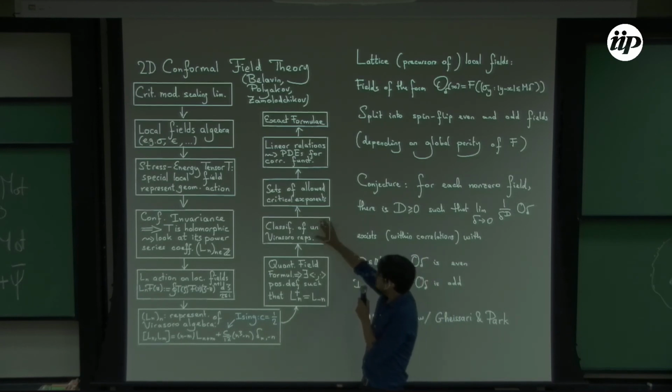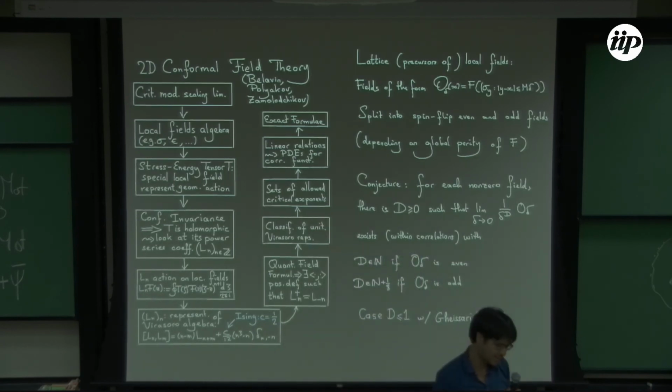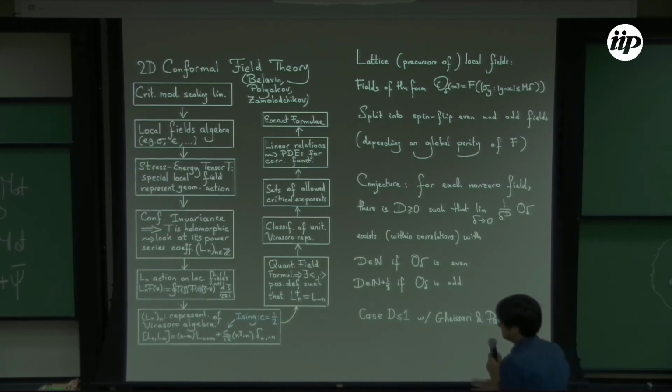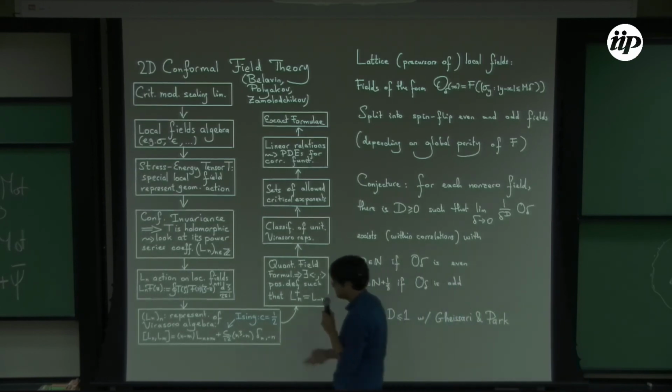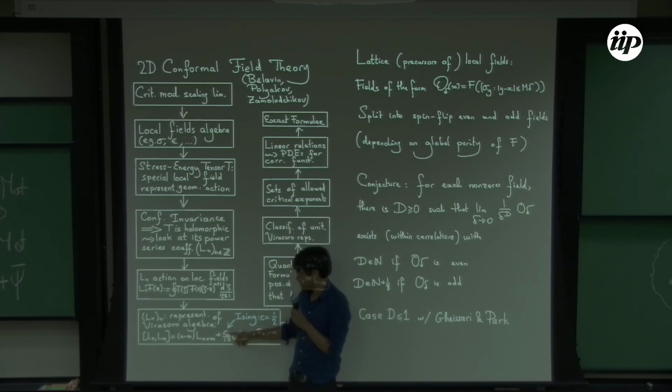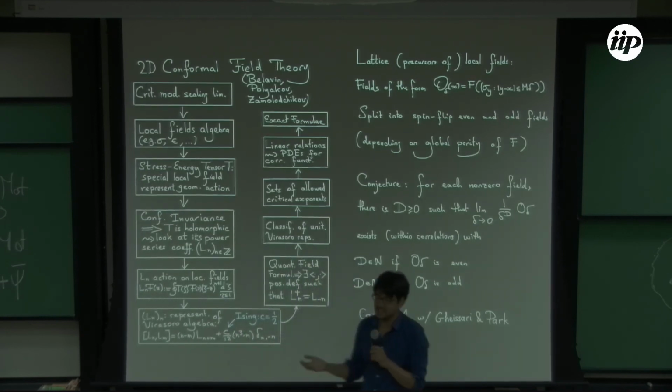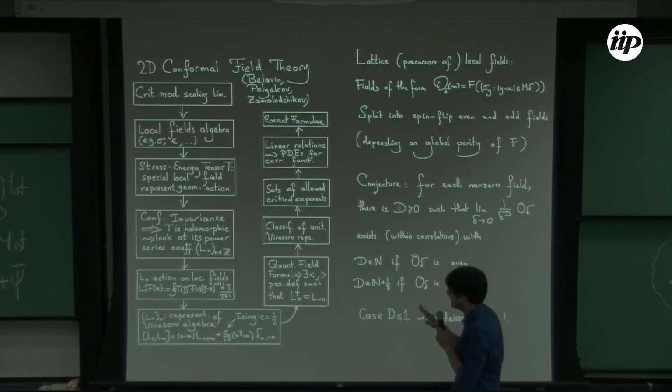Then you can try to ask what are the unitary representations. Here you need some extra input, which is a little bit non-trivial to get. Maybe you can give me some feedback on that, because I haven't found really anywhere a completely satisfactory explanation. So if the central charge is less than 1, why should it be? Well, we can ask.